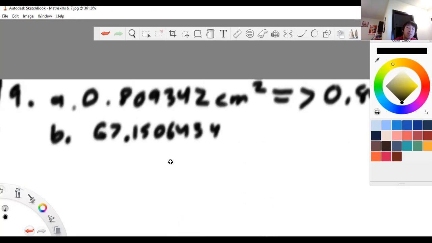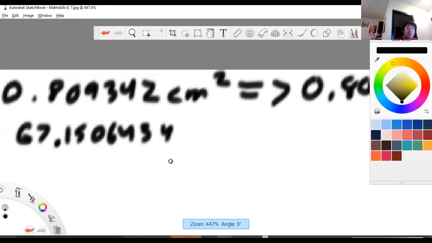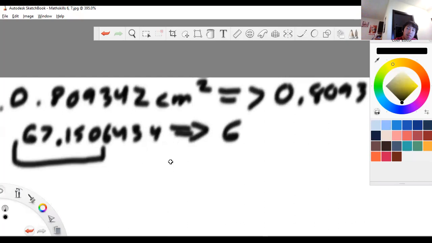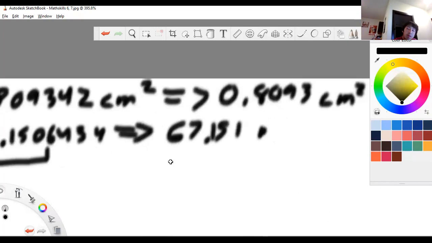I think they just had some poor TA sit there and randomly press the numbers on the keyboard just to get these values. Anyways, this is going to 5 sig figs. So we'll just do right there. We'll round the 6 up so that this becomes 67.151 milligrams.